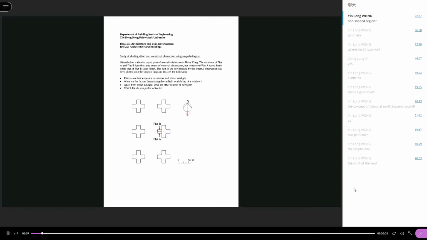On the next page, we have the sun path diagram in Hong Kong, and I have briefly plotted the external obstruction of flat A and flat B onto the sun path diagram. So first of all, let's take a look at the sun path diagram, or the part of the sky visible to flat A, which is this diagram.